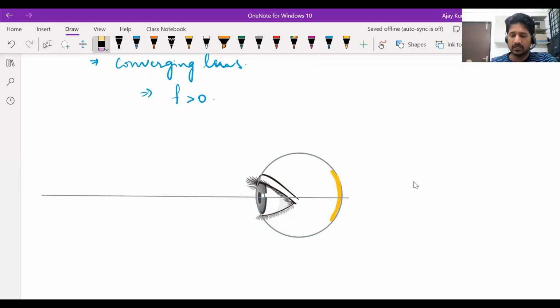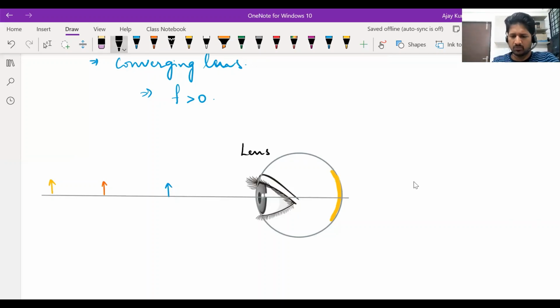Now your eye should be able to form images of many different objects in front of you, not just one object. So whether an object is here or here or here, it should be able to form an image on the retina.